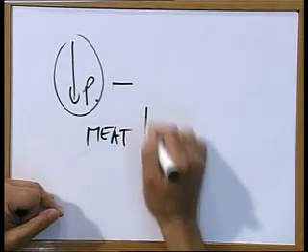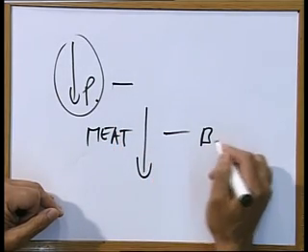Say, for example, there are two products, bread and meat. If the price of meat has decreased, what will then happen? The consumer will buy more meat and less bread.